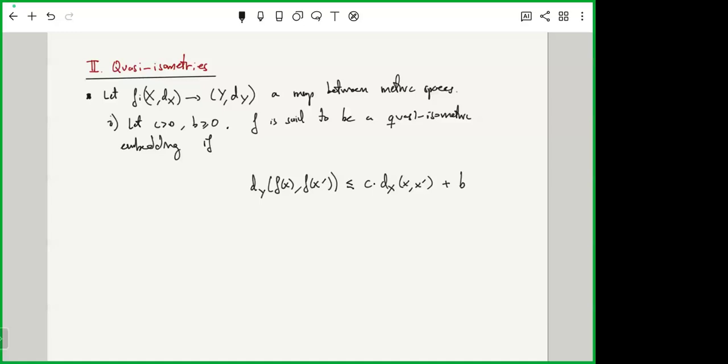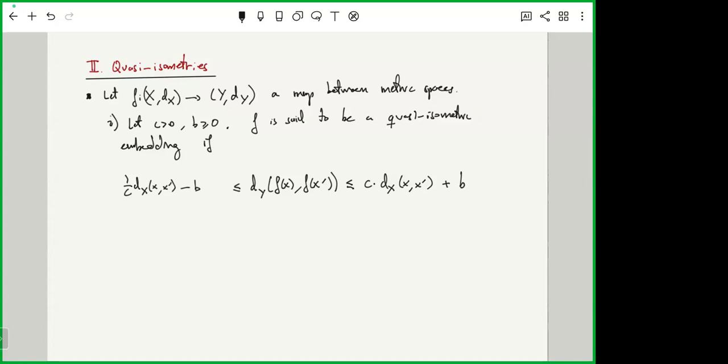But I also want some properness. So if x is going to infinity, I want f of x to go to infinity as well in a controlled way. So that I will measure with this inequality. Okay.